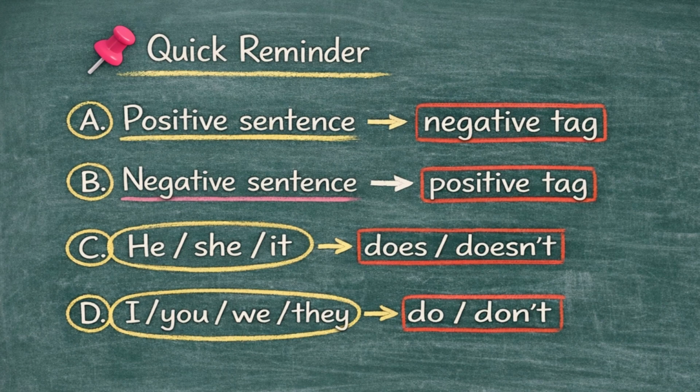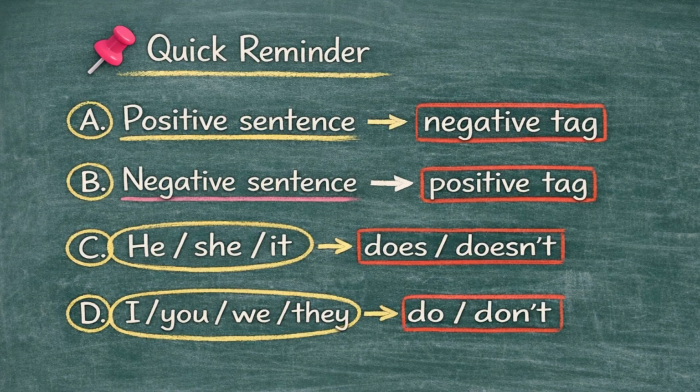All right, before we end this lesson for today, let me give you a quick reminder. I want you to remember two things again and again. When the sentence is positively expressed, meaning the sentence doesn't use not, then automatically the tag that should be attached to it should be negative.